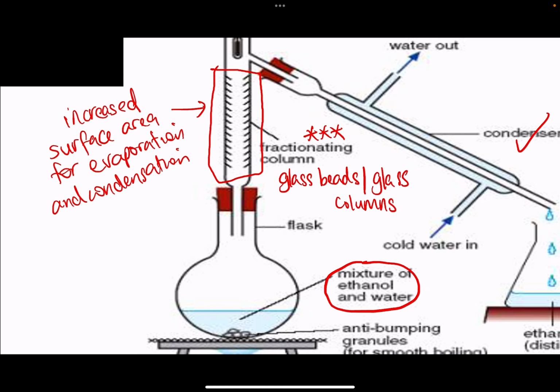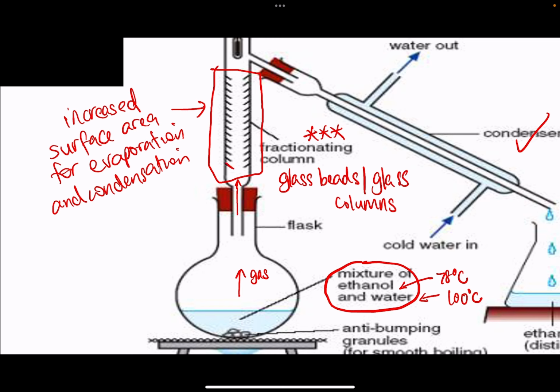Let's say we are heating ethanol and water. Ethanol boils at 78 degrees Celsius, water at 100 degrees Celsius. So your ethanol, being a liquid with a lower boiling point, will definitely turn into a gas first, correct? The moment it turns into a gas, it will start entering the fractionating column.